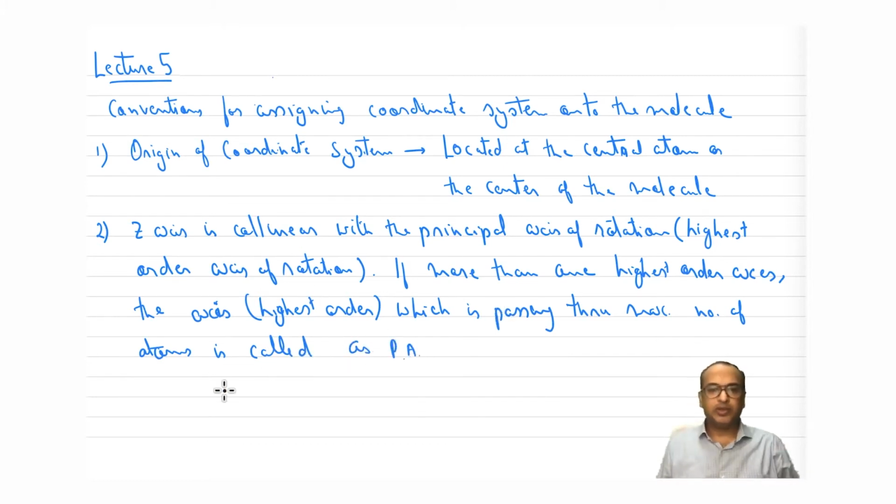Now that should be very clear. So the z-axis has to be collinear with the highest order axis, and if there is more than one, the one which passes through the maximum number of atoms will be the principal axis, and the z-axis will be collinear to that. Now, how to define the x-axis and y-axis?